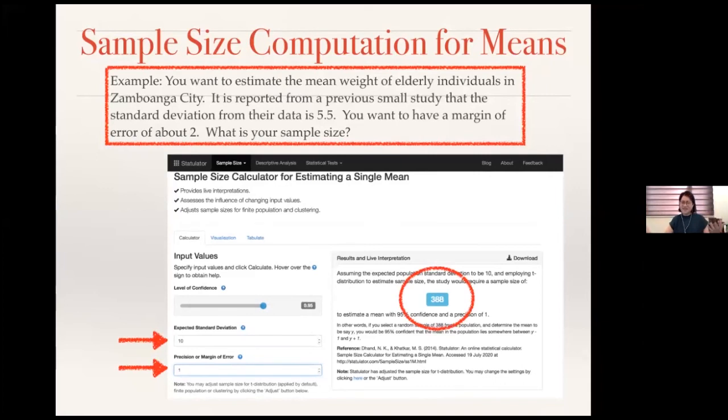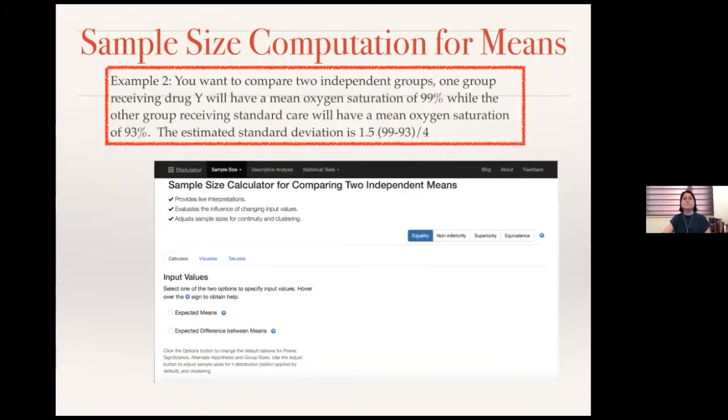Because like I said, logic says if you get more, it's like hitting the lotto. If you buy more tickets and you bet more, the chances of getting the correct true sample size is going to be higher, right? So that's how you compute for your means if you want to estimate a mean.